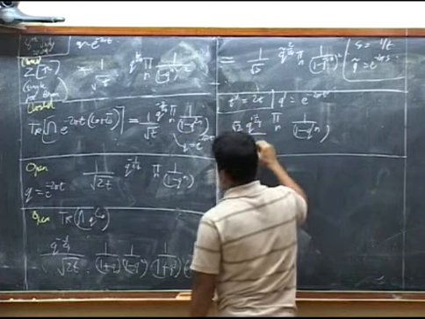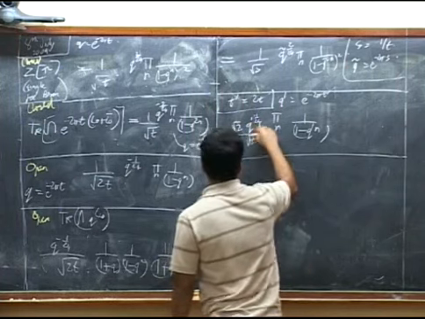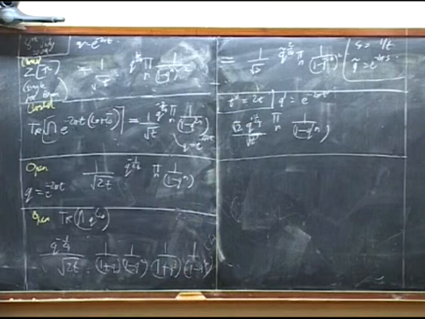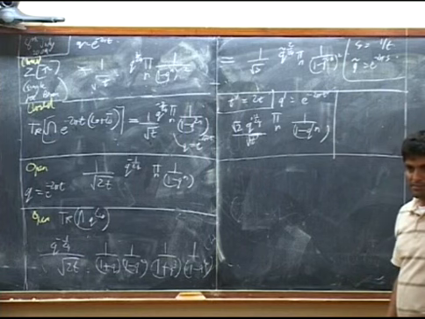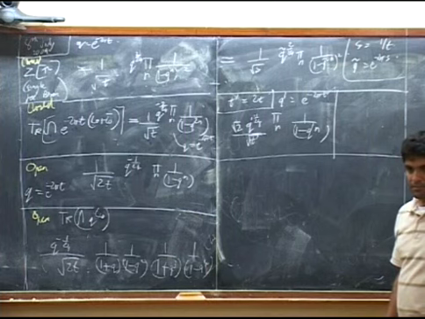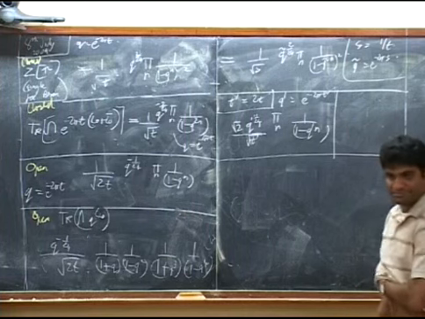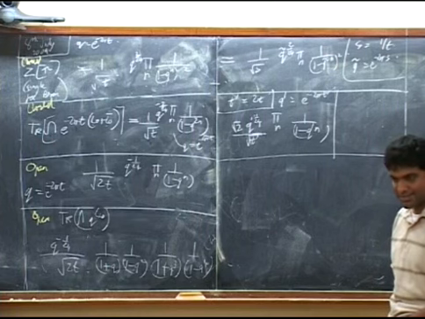So we have square root 2 divided by... Is this clear?